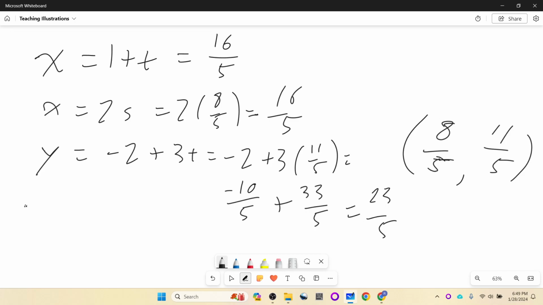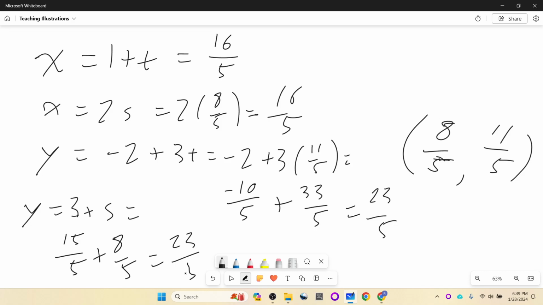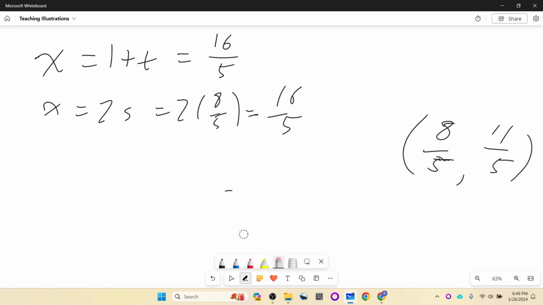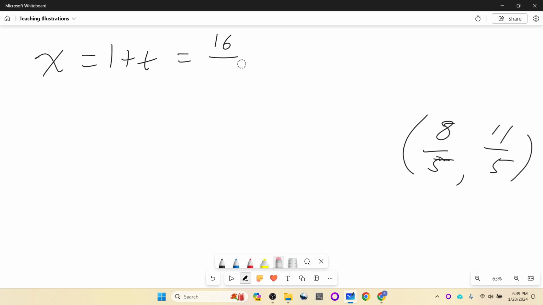Let's check what the s gives. Y is 3 plus s, which is 15 over 5 plus 8 over 5, which is 23 over 5. Okay, the y's match. So this tells us all our steps are correct. We found the s and the t that make x and y match, and that's going to be the only one that works for both x and y together.